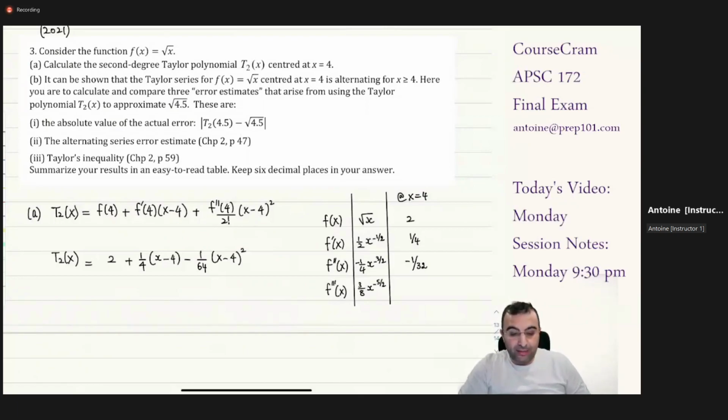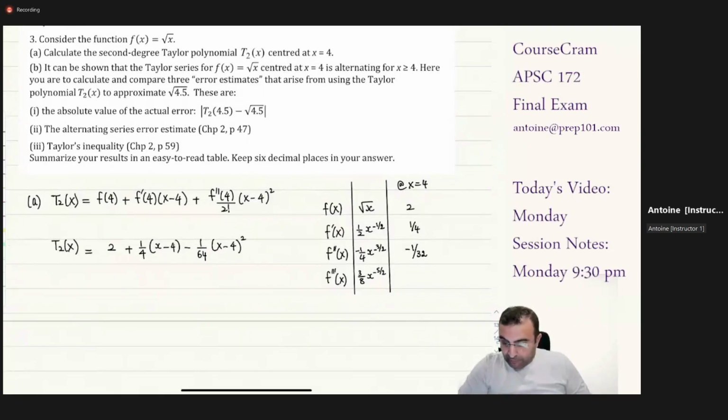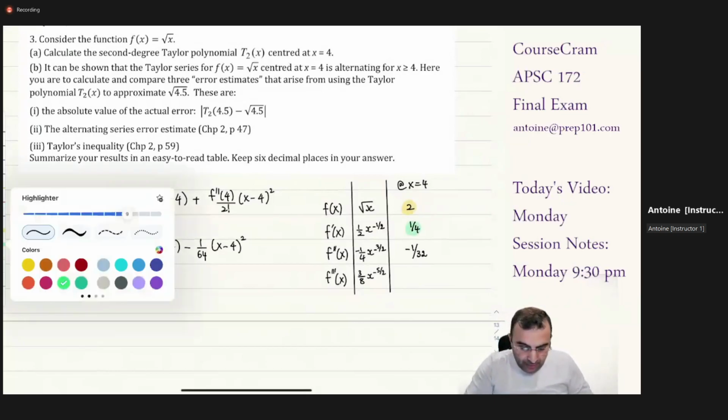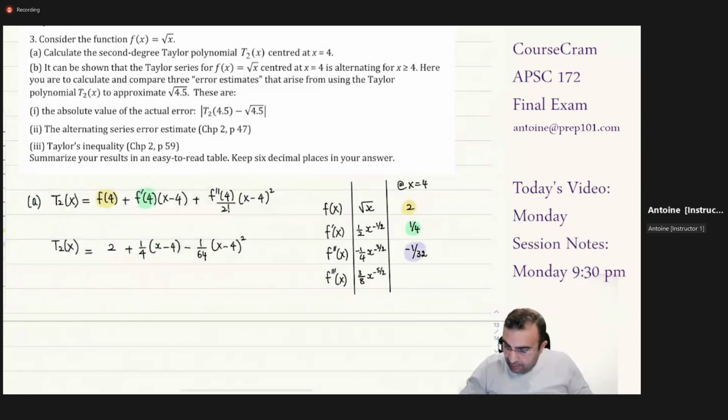Any issues there? Right, so I took this and replaced it here, I took this and replaced it here, and I took this and replaced it here. Great.